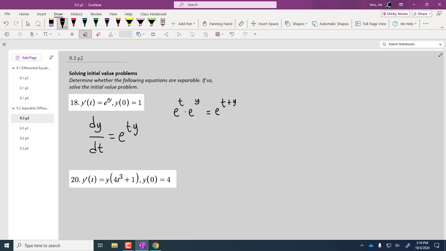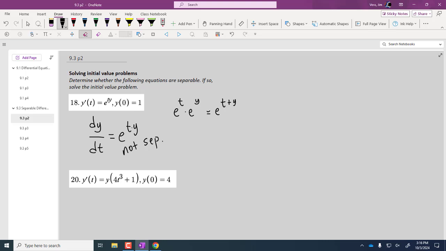So everybody agreed this is the natural way to try it, but that's not equal to e to the t times y. What if you do?